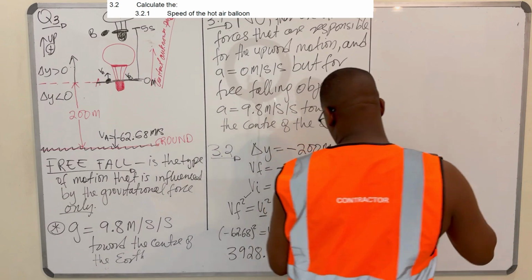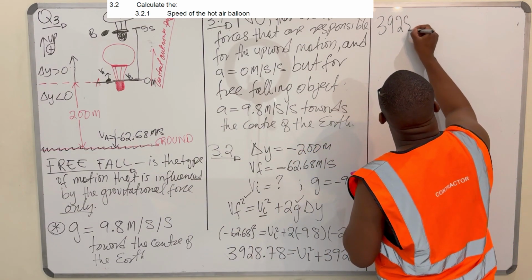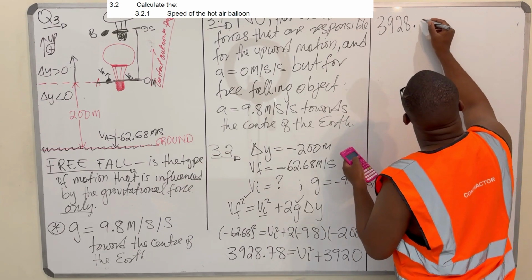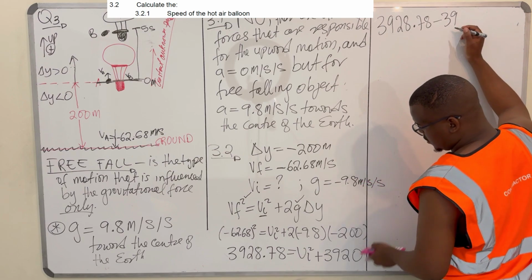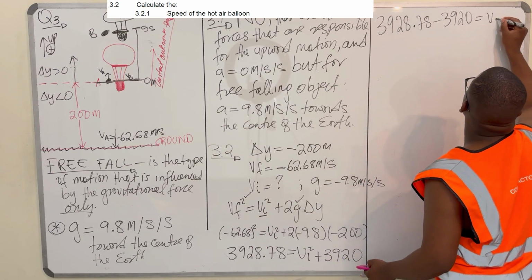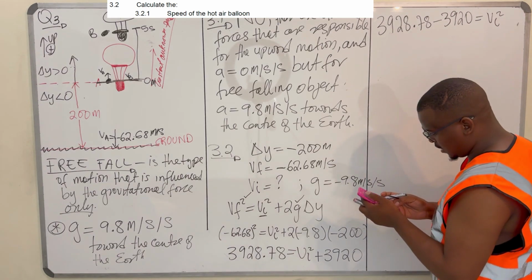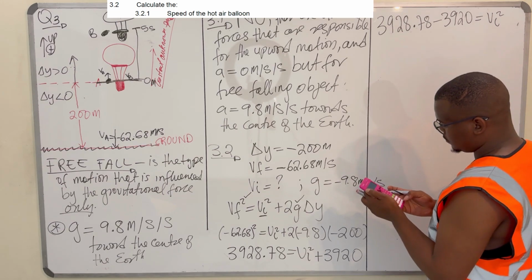What do we have? We have 3928.78 minus 3920 is equal to Vi squared. What is the difference?